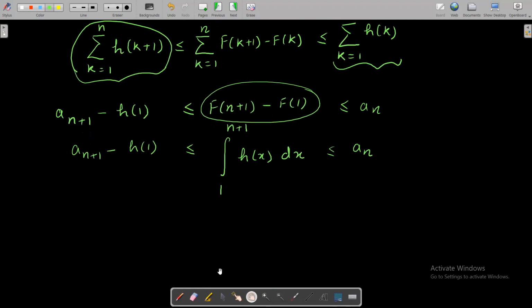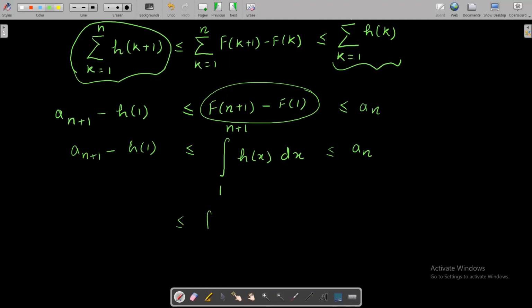But what is h of x? According to the question, h of x is nothing but g dash of x times f of g of x. This is the function that they have provided us.